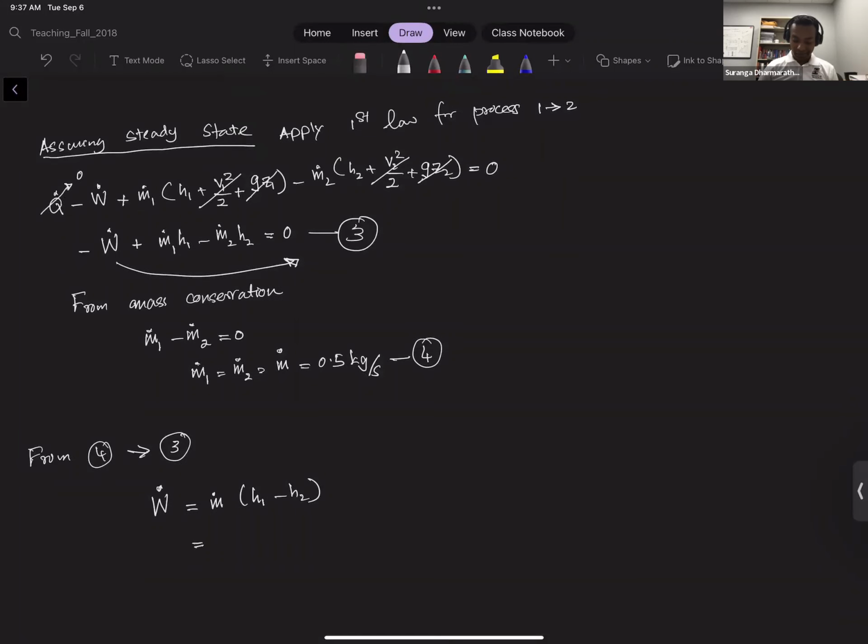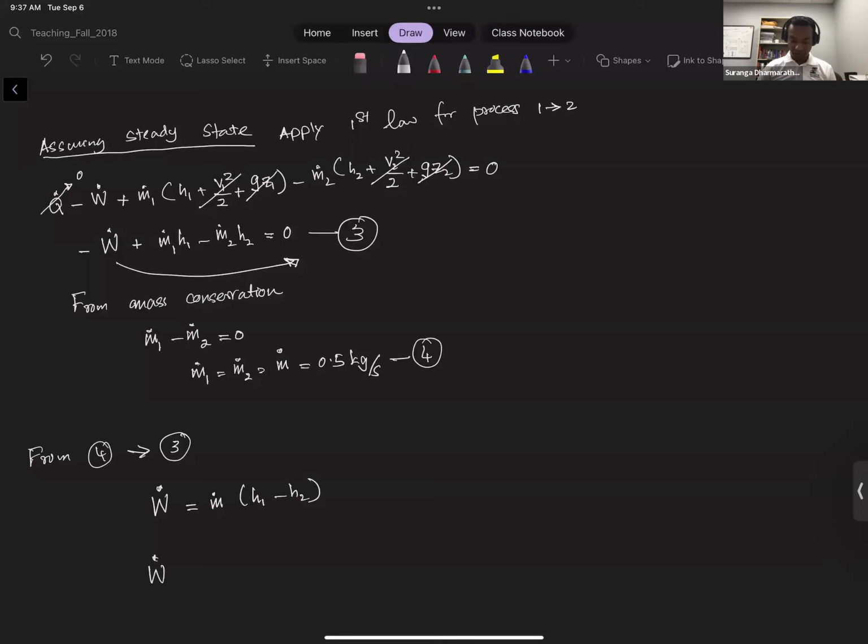For ideal gases, we can either use tables to find h1 and h2, or we can use constant specific heat analysis. By using constant specific heat analysis, you can think that Cp is constant.